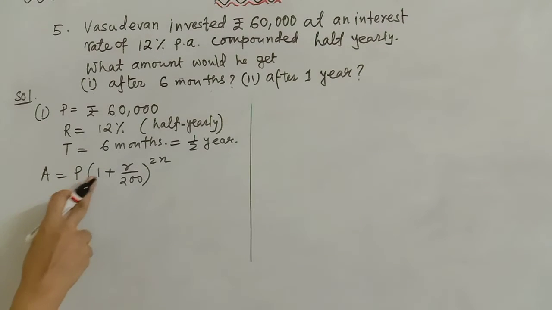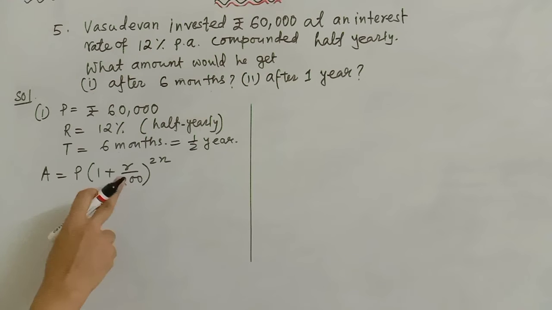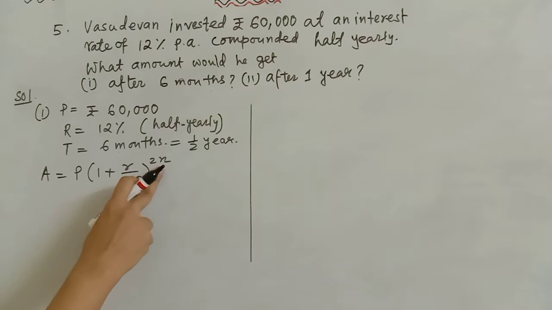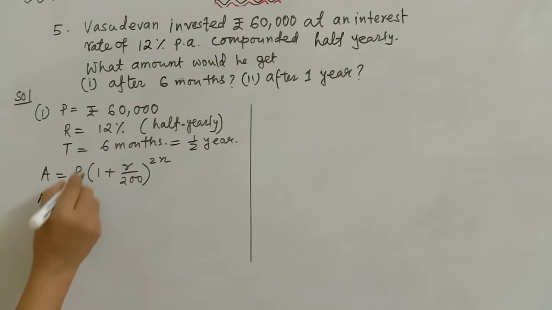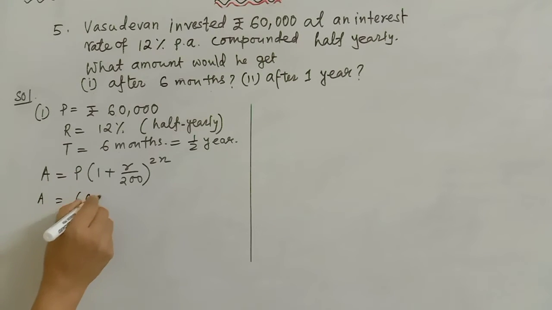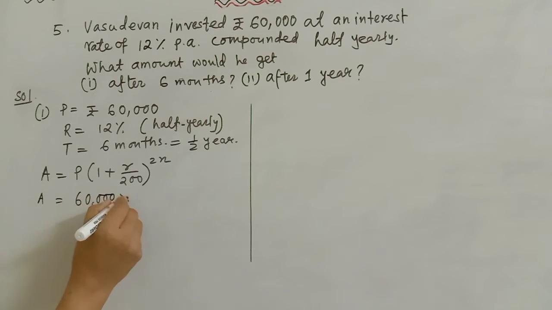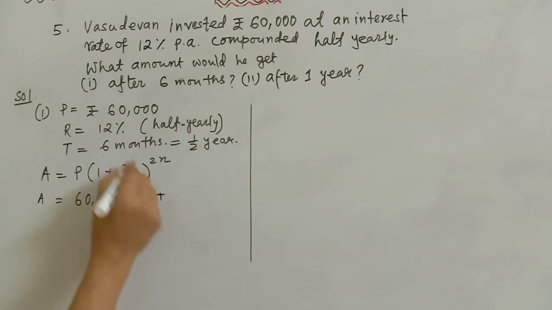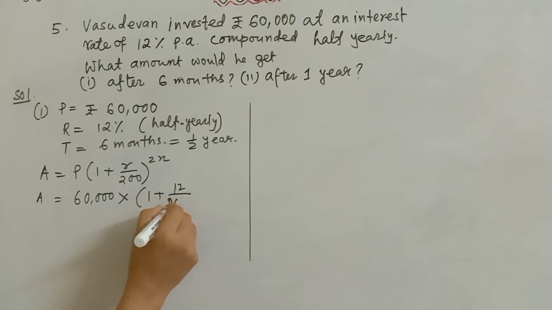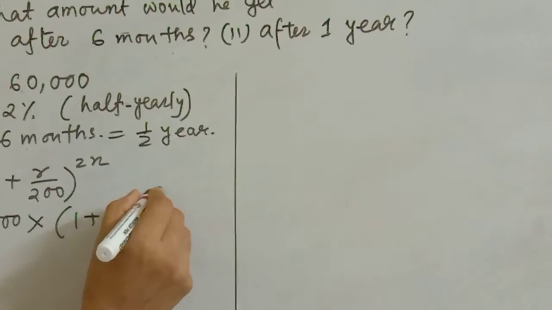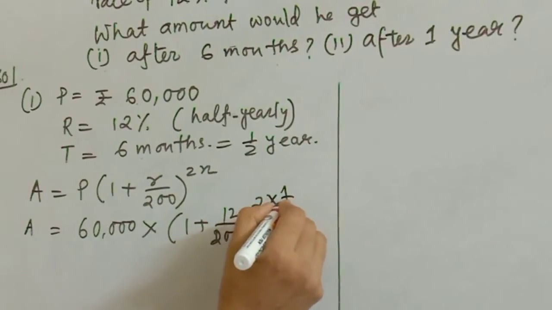Amount is equal to P into 1 plus R by 200, because it is half yearly compounded, whole to the power 2n. Now principal is 60,000 into 1 plus rate percent 12 by 200 whole to the power 2 into half year, means 1/2.